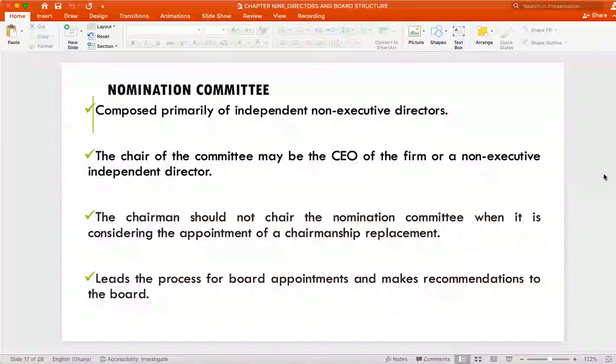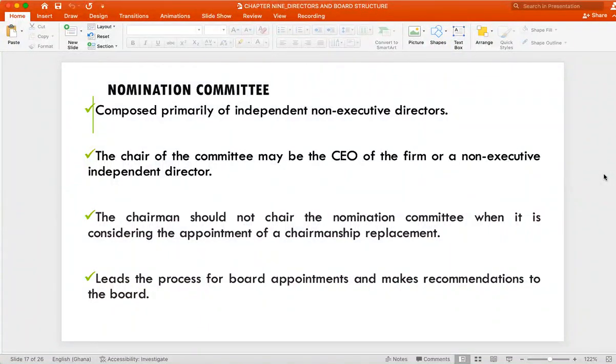Okay. But if the nomination is about the CEO himself, say a replacement or a succession for the CEO, somebody to succeed the CEO, then the CEO shouldn't be part of the committee. Okay. So we need to get that clear. There are instances where it's about the appointment of another executive that will be working with the CEO.